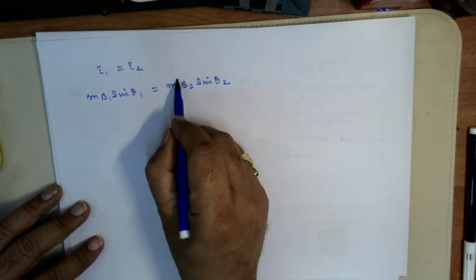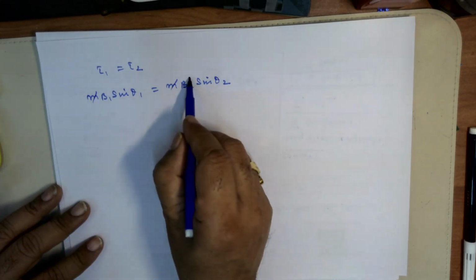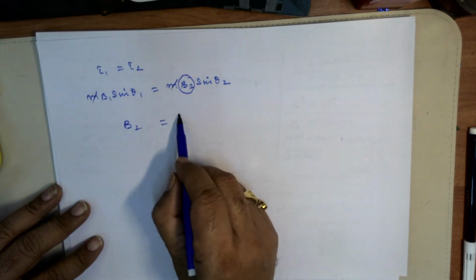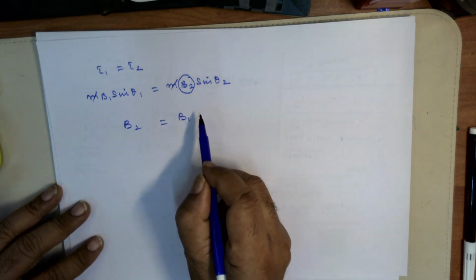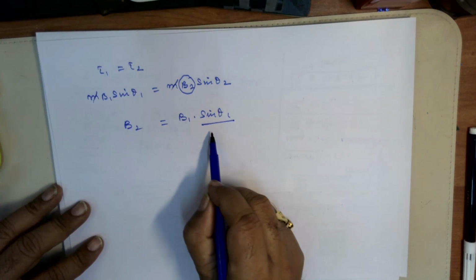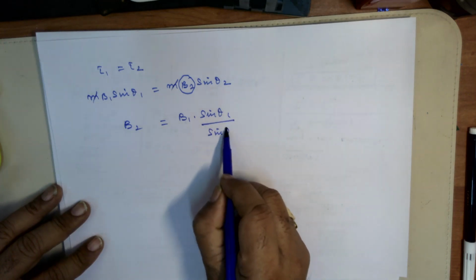So M can be cancelled. What is our interest? B2. So B2 is equal to B1 into sine theta 1 divided by sine theta 2.